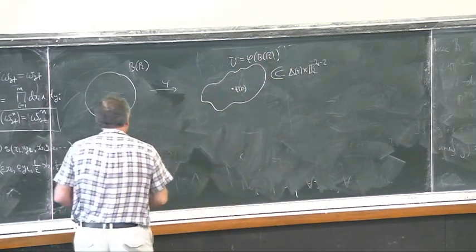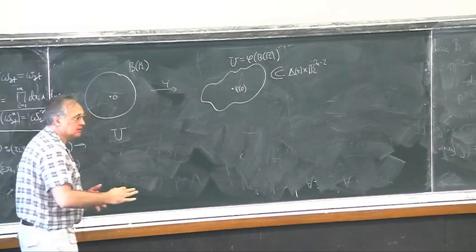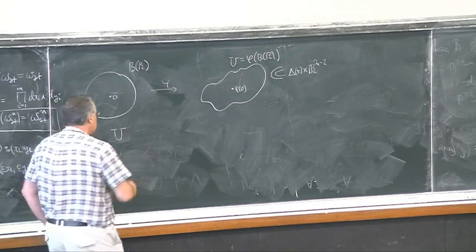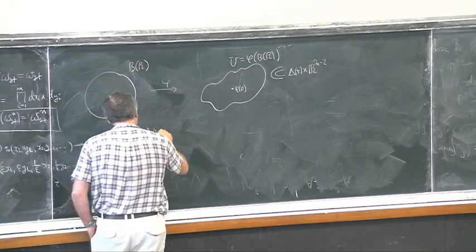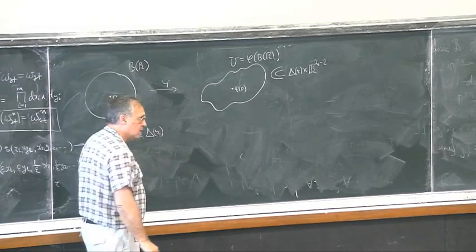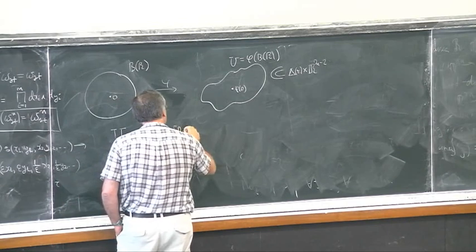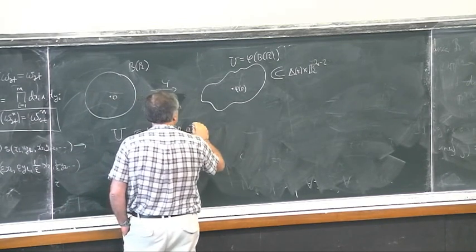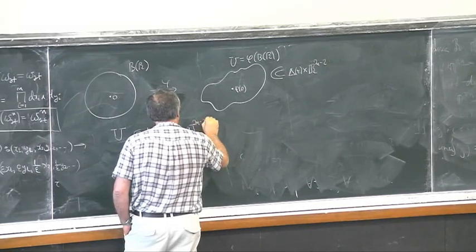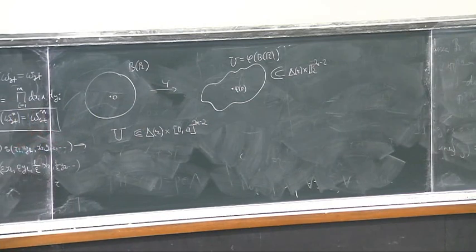Therefore U belongs, possibly after a translation if necessary, to the product of the disk with a cube, the cube (0,a) to the power 2n minus 2, for sufficiently big a.